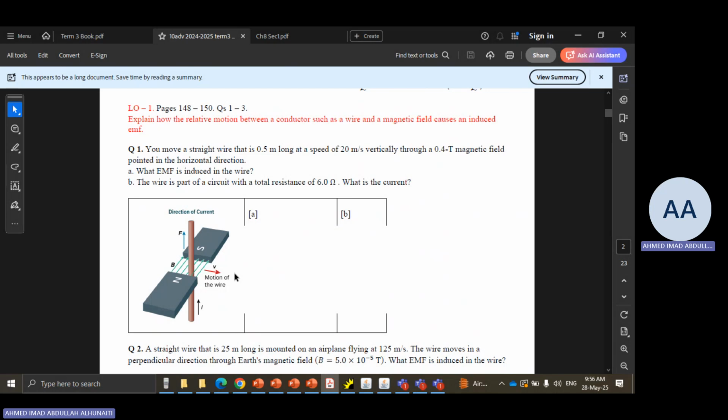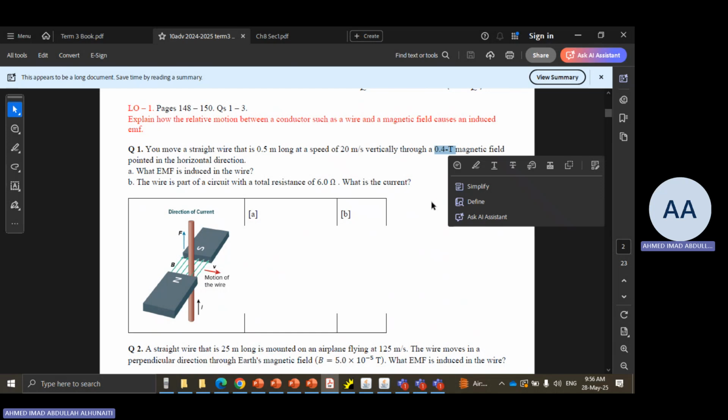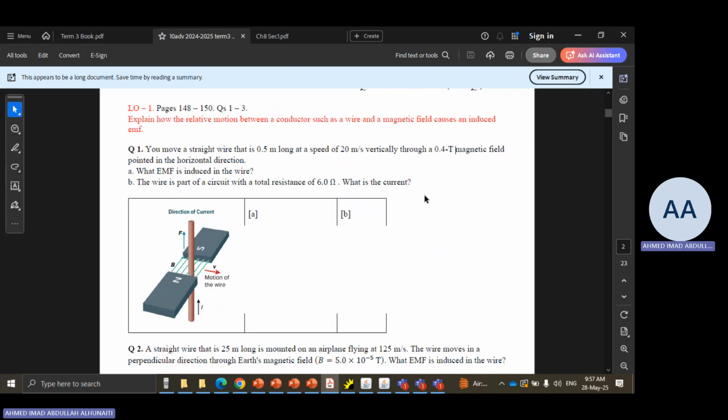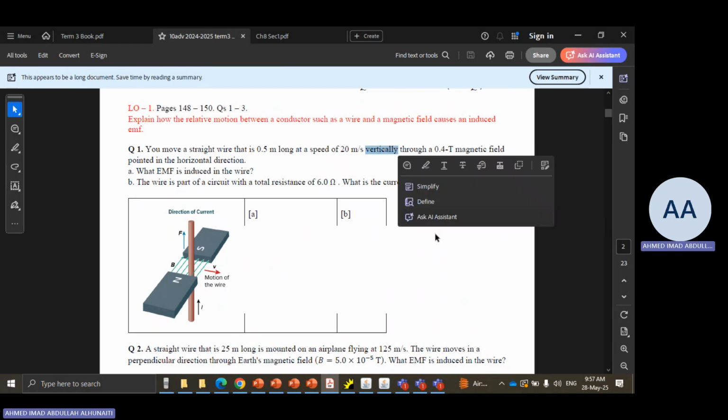What are my knowns? What are my unknowns? So I know the length of the wire. I know the speed of the wire. I know the magnetic field strength. And if we analyze this very closely, you can also determine the angle between the motion and the magnetic field. The question says that the wire is moving vertically.